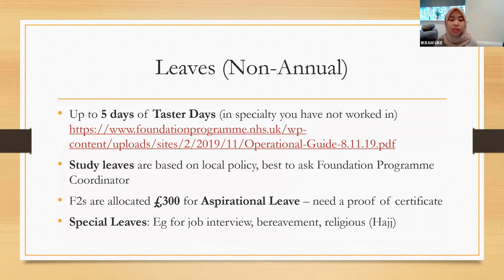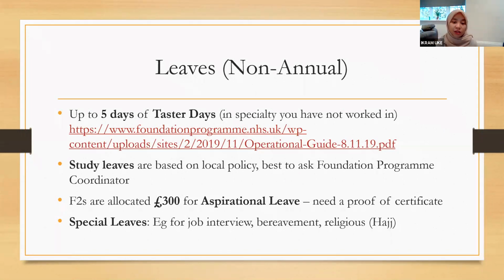Some other bits and bobs are about leaves. I mentioned tasters days, so you can have up to 5. But double check, it might change from time to time, especially with COVID. Study leaves, there's also aspirational leaves that are allocated for FYs. It's £300, so you want to make the most out of it.